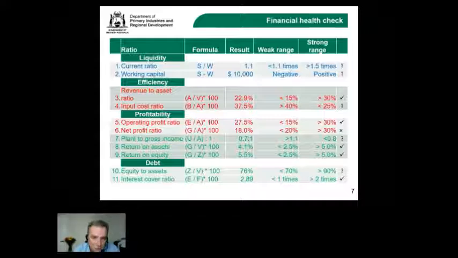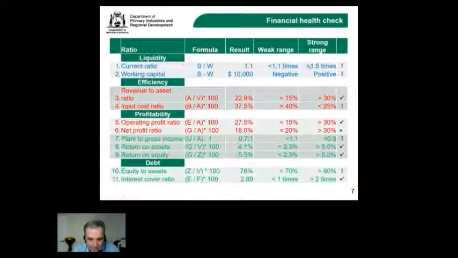So it depends on the time of season, and I think a better indication of liquidity might be when we look at our cash flow budgets. Similarly, we can divide our current assets by our current liabilities, S divided by W, and get a ratio. For this sample farm, it's 1.1. Many people would say that if it's less than 1, it's not good, because you've got more liabilities than you have assets in the next 12 months.